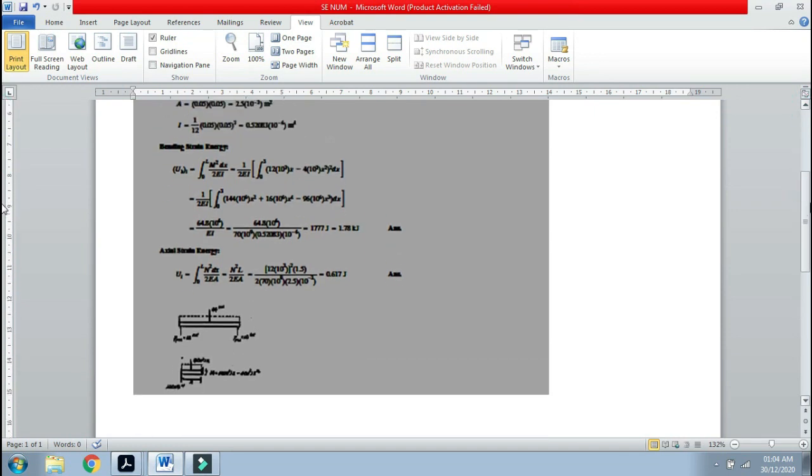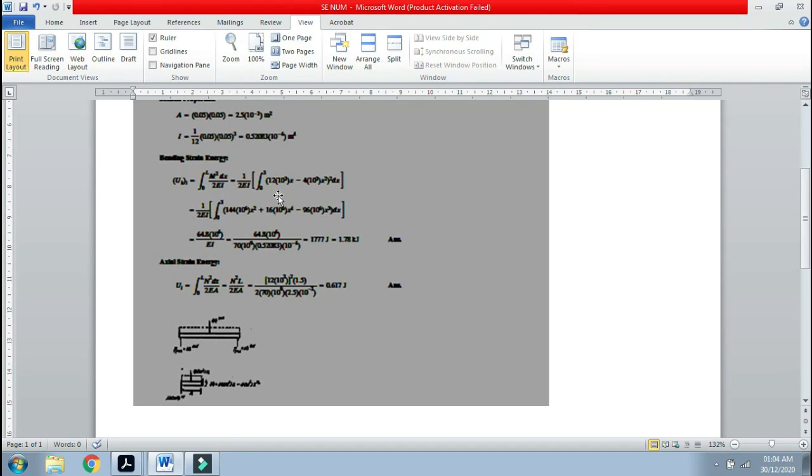So it comes out to be 12 into 3x minus 4 into 2x square. Okay, this is the bending moment, and they calculated it as 1.78 kilojoules.